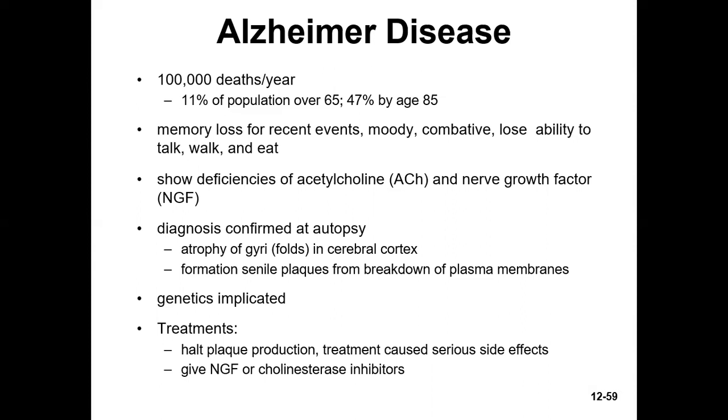What happens is there is an atrophy of the gyri, or the folds in the cerebral cortex. There is a tendency of a genetic predisposition, as with many things. And the treatments aren't great. You can give nerve growth factor or cholinesterase inhibitors.